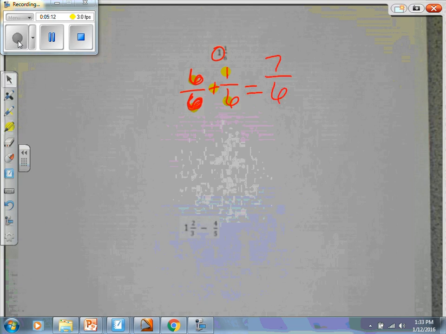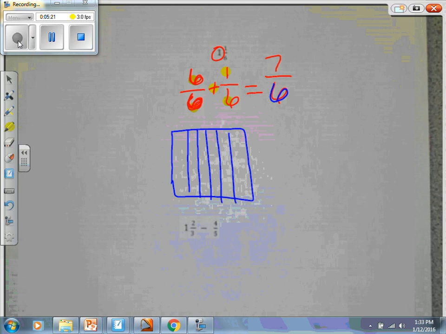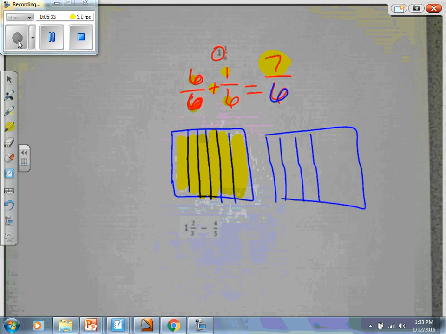Go ahead and draw your rectangular model. I have one whole. Break it up into 6 pieces. Out of those 6 pieces, I have 1, 2, 3, 4, 5, 6, but I need to have 7, so I have to draw another rectangular model, break it up into 6 pieces.